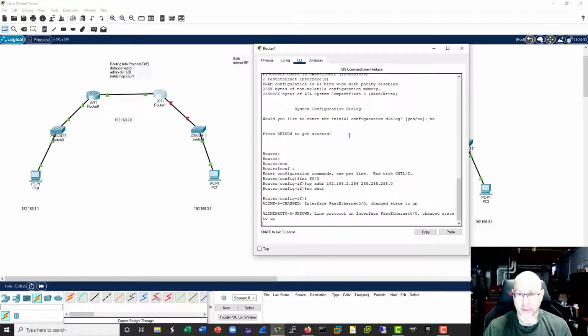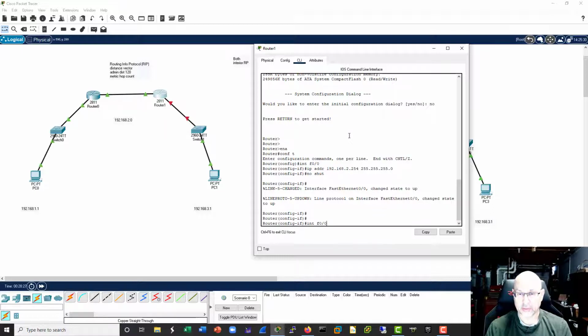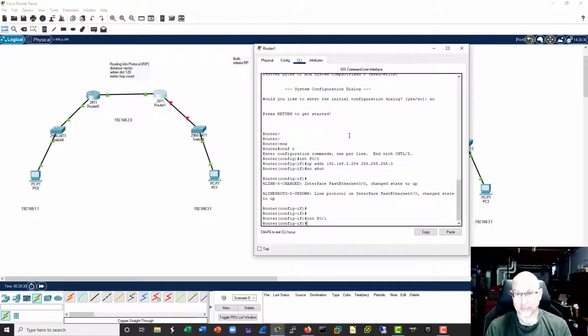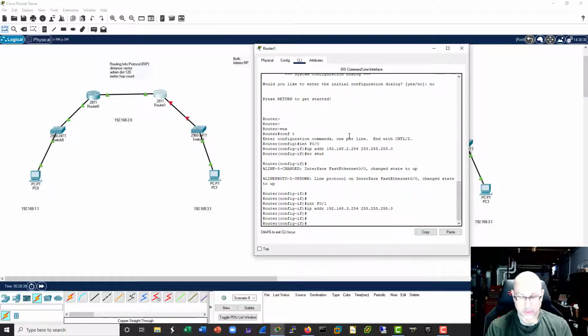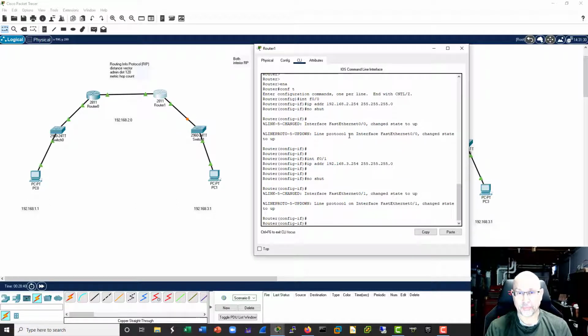No shut, that'll bring up the middle interface. There we go. And this will be 3. And we'll do a no shut here.